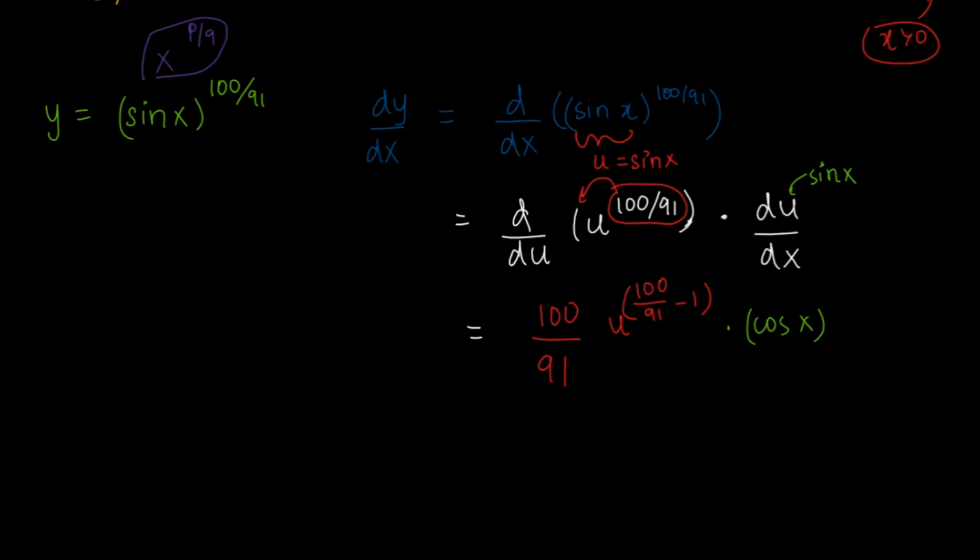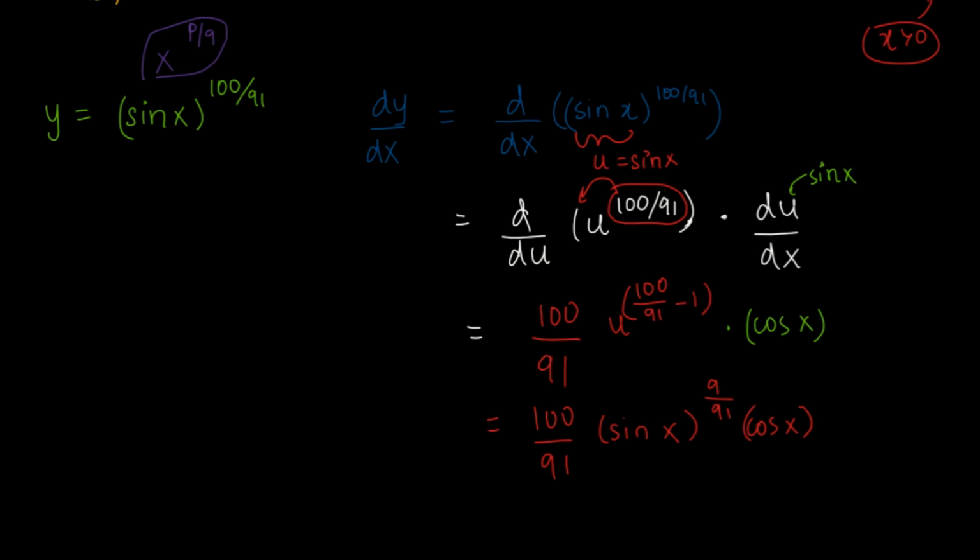And instead of u, we will just write the sine of x. That's what the substitution is. So this will be equal to 100 over 91 times sine of x to the power 100 over 91 minus 1, and that's just equal to 9 over 91, just basic arithmetic. And this is being multiplied by the cos of x.